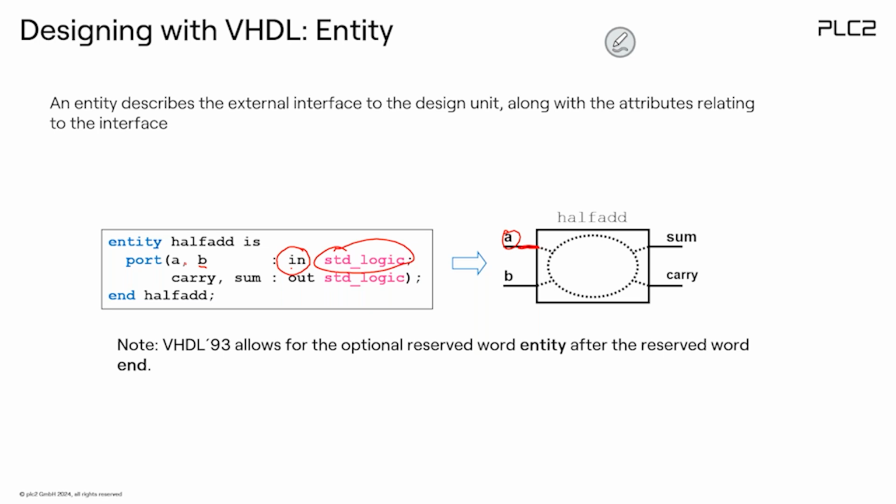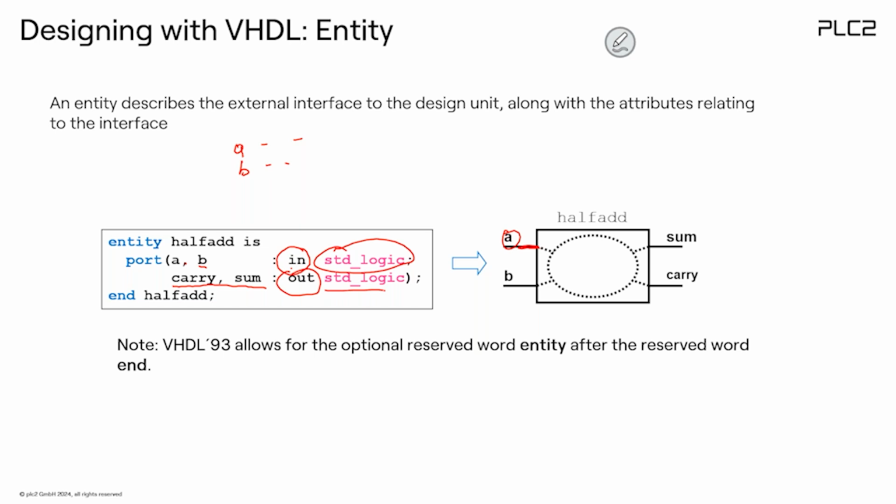But I never do this. I just spend the extra line and define A and define B. But you can do this. You can put this in the same line. And again here, we now have two outputs, carry and sum. Both signals have the same mode, output, and the same type, so we can define them in the same line.